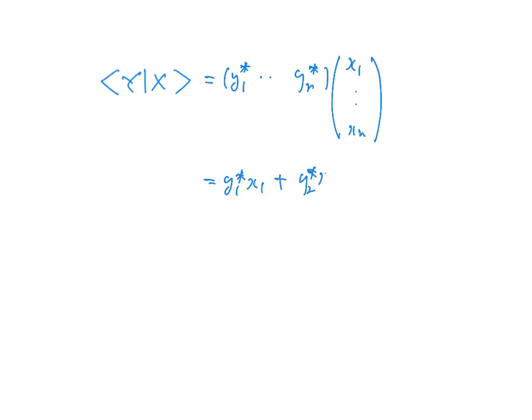If we have yx, y1 star to yn star times x1 to xn, so y1 star x1, plus y2 star x2, plus up to yn star xn.